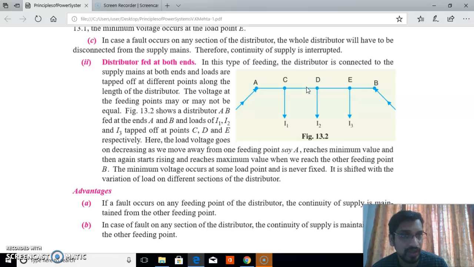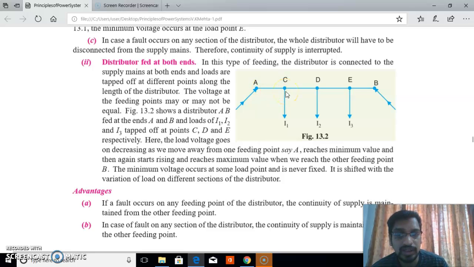From that point to B, the voltage is increasing. So initially the voltage is decreasing up to the minimum voltage point, and from there the voltage is increasing to point B. That is the voltage variation along the distributor AB.